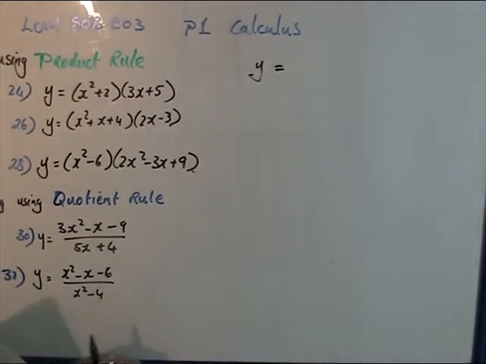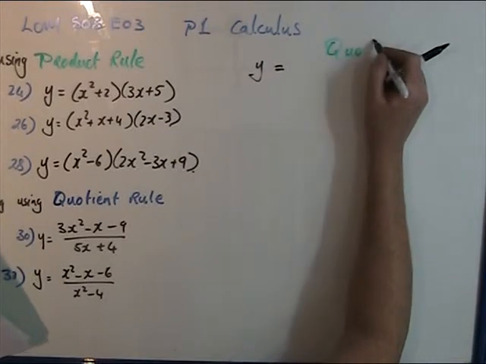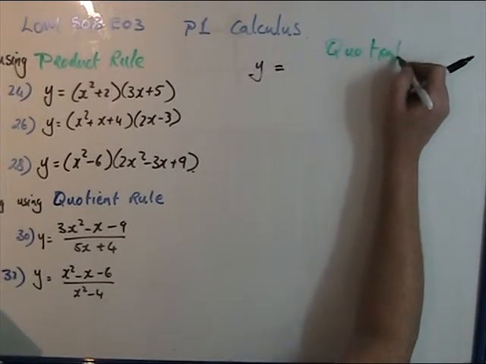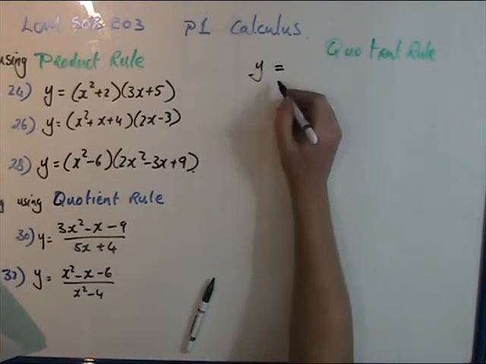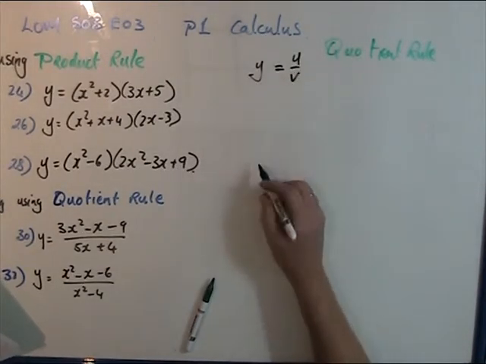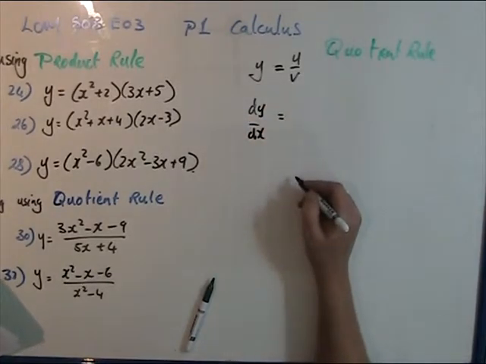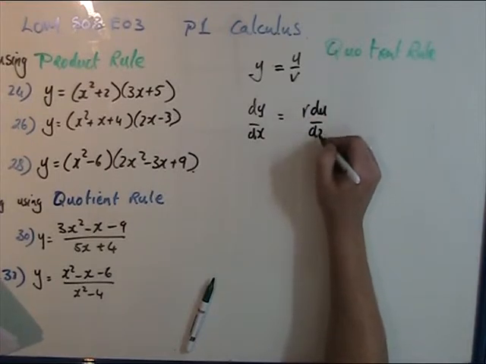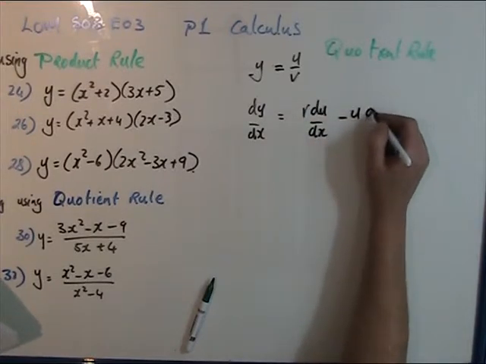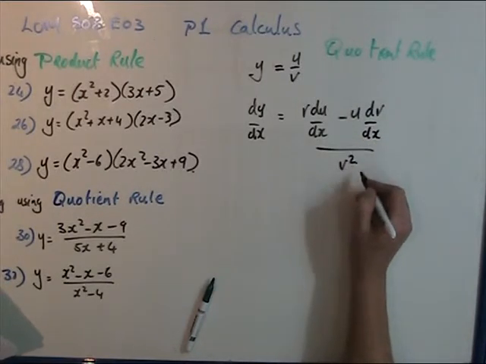So the quotient rule next. So I'm going to do the quotient rule. Now, y is equal to u over v. Now, dy/dx, this one you can't get wrong, is equal to v times du/dx minus u times dv/dx, all over v squared.